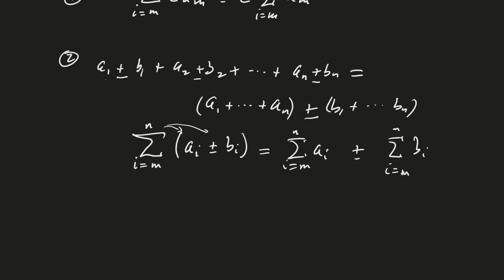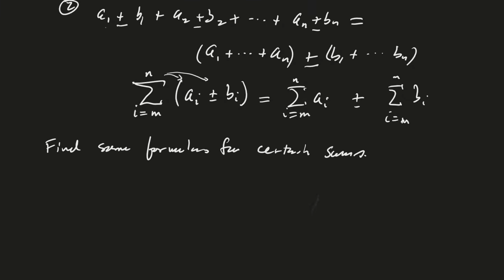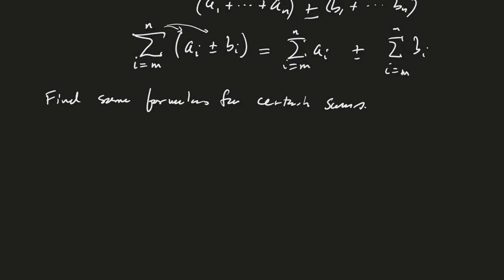Finally, we want to see if we can find some formulas for certain sums. By the way, we're doing this as a build-up for chapter 5. We'll have to wait till chapter 5 to see why we're looking for these formulas. But let's just say I'm summing i equals 1 to n of 1.